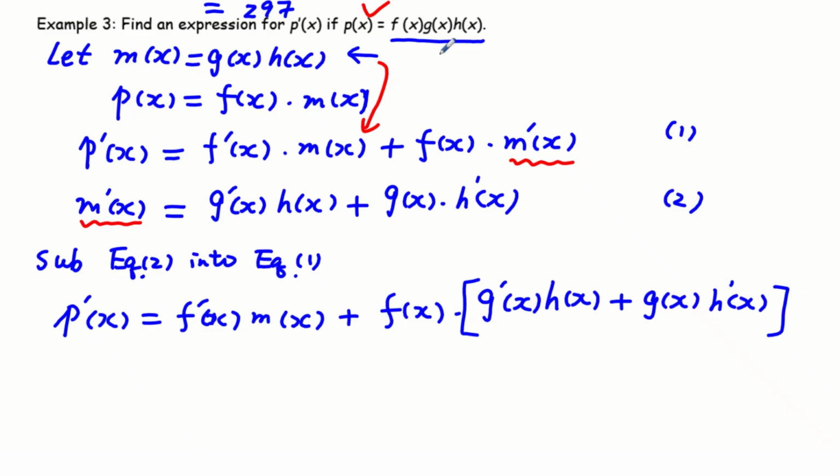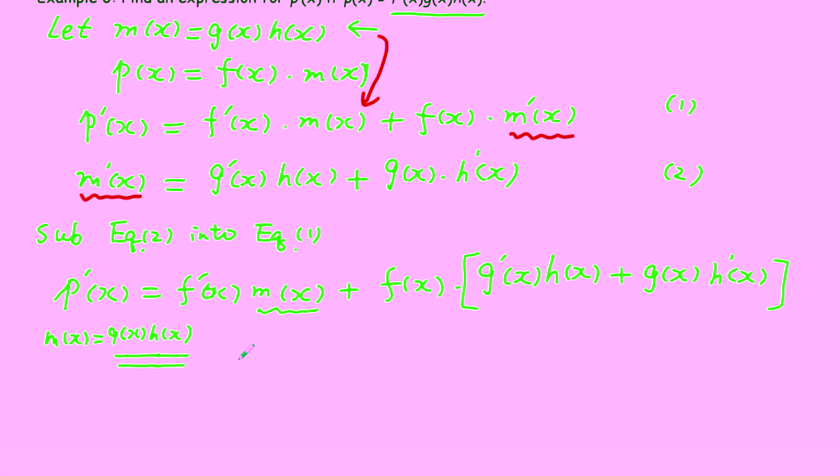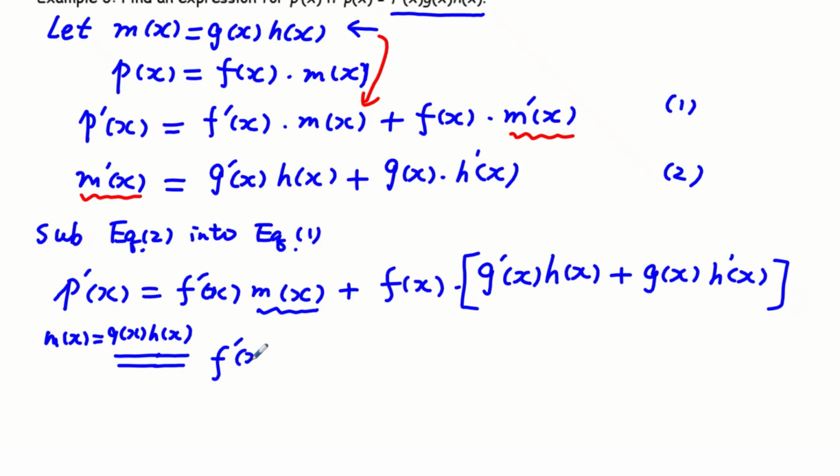And in the original question, we don't have m at x, so we need to replace m at x with our definition for m at x. So we sub m at x equals g at x, h at x, in. So we are going to have f prime x, then g at x, h at x. Then we expand to get rid of the brackets.